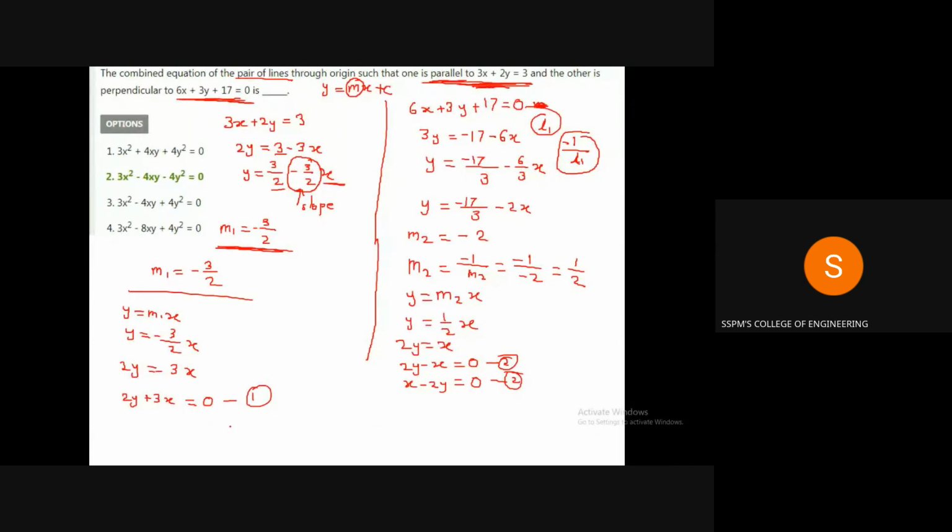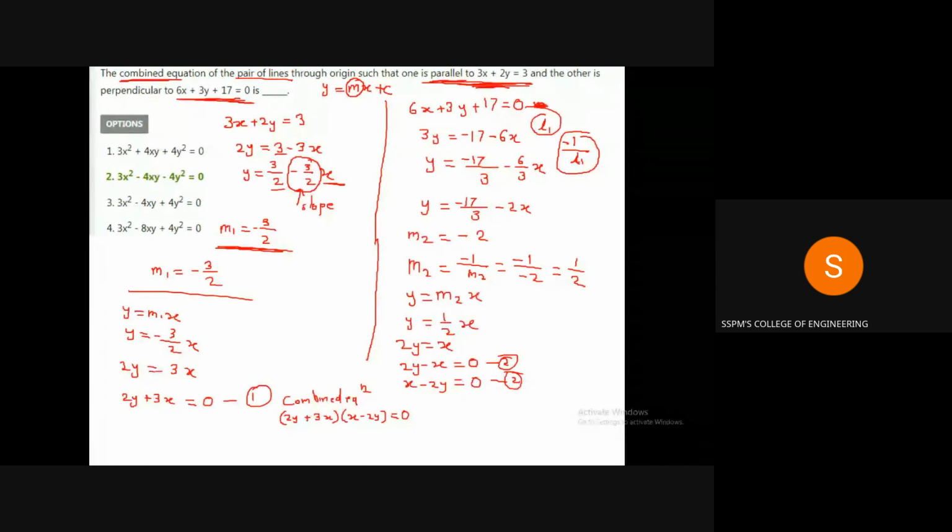Now we have found both the equations. Now we have to find what? The combined equation of lines. So how to find the combined equation? The combined equation is given by multiplying these two equations. So (2y plus 3x)(x minus 2y) is equal to 0.